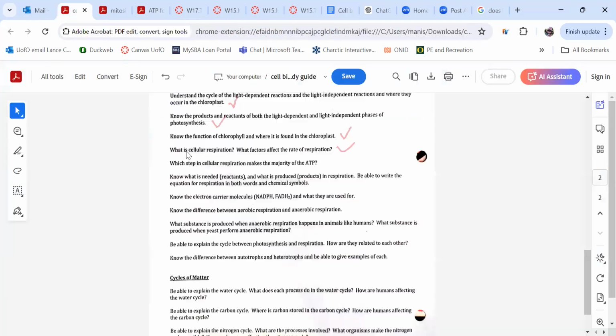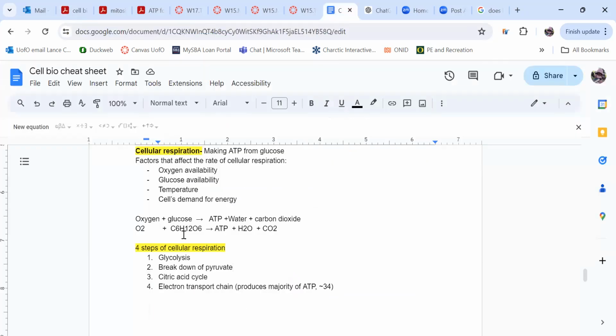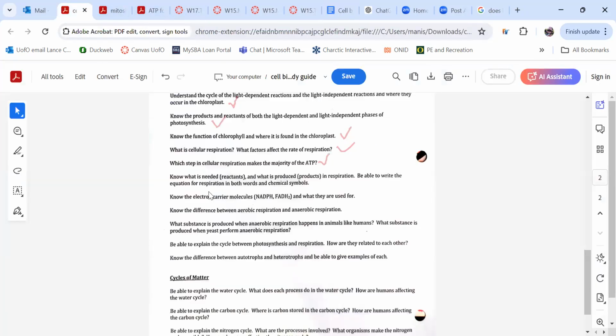All right, so we know which step produces the majority of the ATP. Got that. Know what is needed, the reactants, and what is produced in respiration. Okay, we've already got that with this equation. We know the reactants are oxygen and glucose. And we know the products are ATP, H2O, and CO2. Right, ATP, water, and carbon dioxide. So we know the reactants, we know the products.